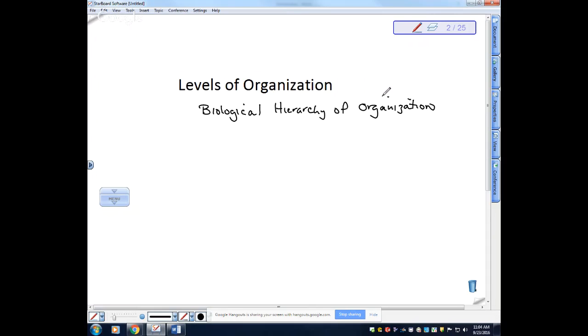So it starts generally at the simplest, the basic building blocks of all matter on the planet, which would be atoms. And atoms consist of electrons and neutrons and protons. And we are going to get into the atomic structure in the next chapter of the book.